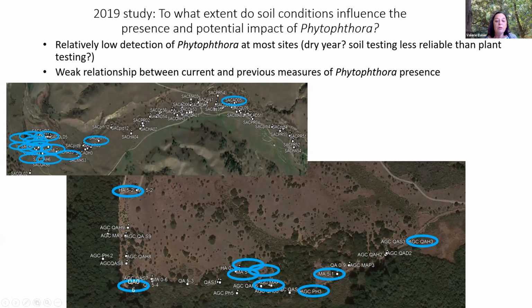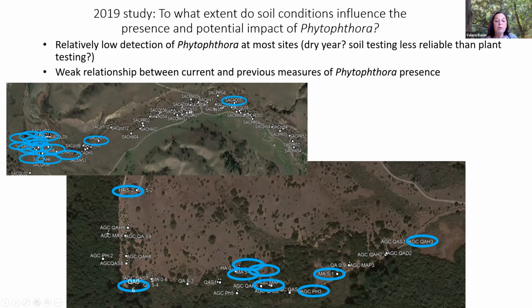And again, we know for riparian seedling survival that deep soil conditions can be really important. Looking at a drier site, we measured a lot more seedlings. We had 110 seedlings that we measured the soil associated with them, and only got 15 Phytophthora detections. In this case, the detected ones are on the right of each.